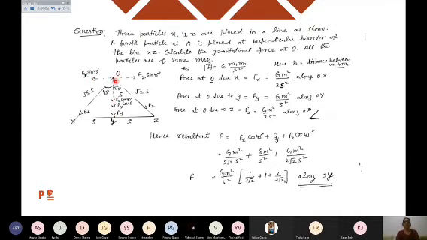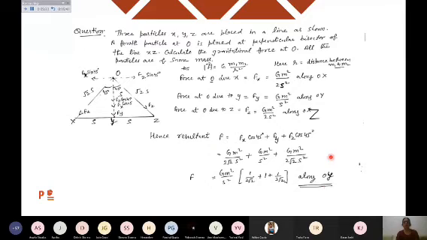Similarly, Fz cos 45 is coming along this direction, and Fz sin 45 is coming along this direction. But you can see the magnitudes of Fx and Fz are the same. So their sine components will be equal, directions are opposite, so they are going to cancel. So the net force acting on O is this force only, which is along OY.